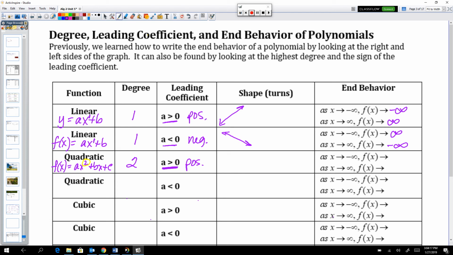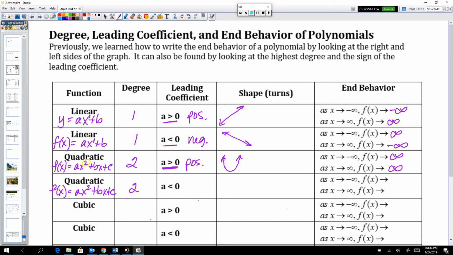When we had a positive leading coefficient, we knew that the shape of that quadratic was like this, right? It could be skinnier, it could be wider, but it generally looked like that, right? It was up, up on the ends. And so on the left side, it was up to positive infinity, and on the right side, it was up to positive infinity, right? Similarly, when we had f of x equals ax squared plus bx plus c, still a degree of 2, right?